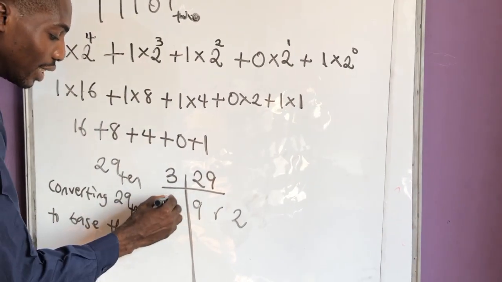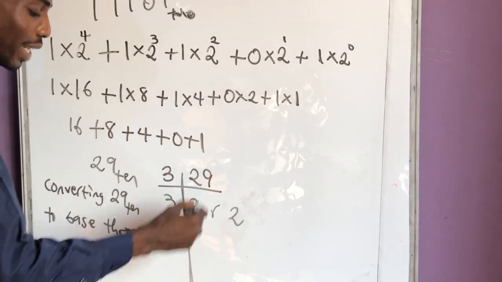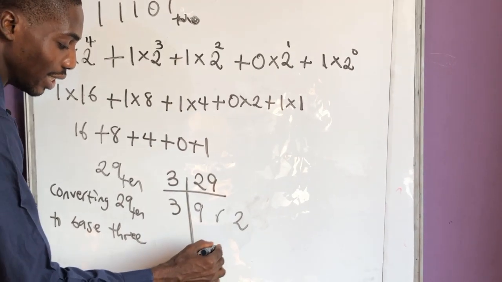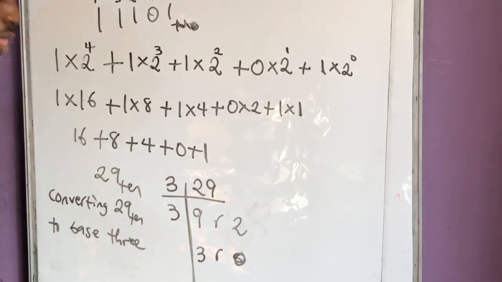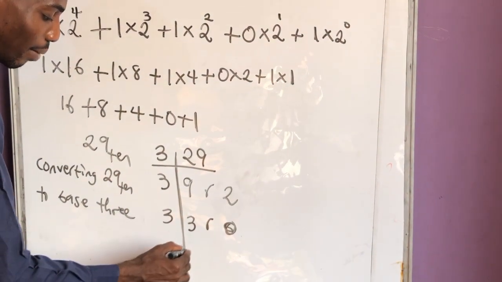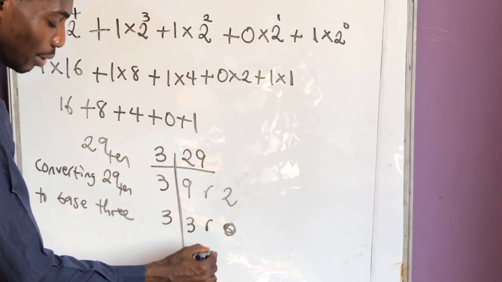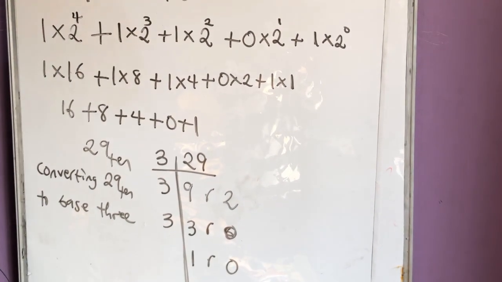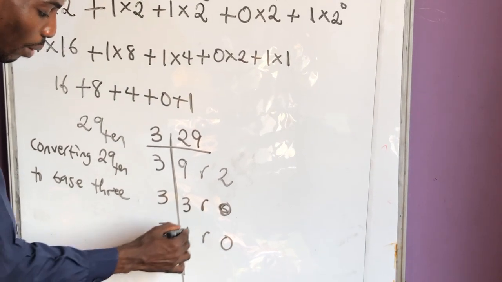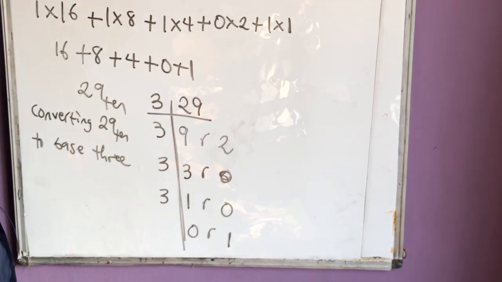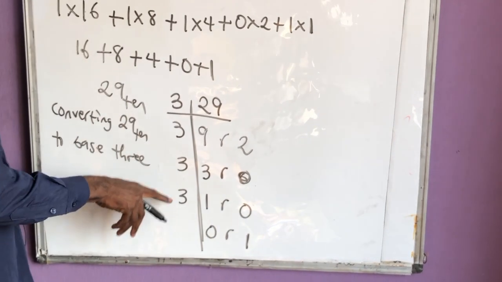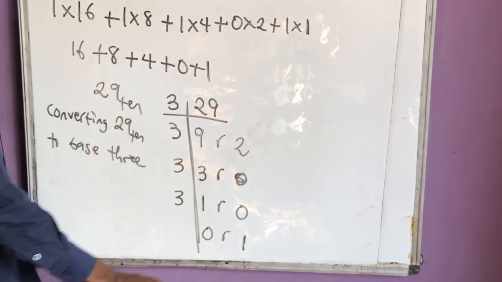Then I have 3 again. 3 divided by 9 is going to give me 3 remainder 0. Then I will use 3 again. 3 divided by 3 will give me 1 remainder 0. Then 3 divided by 1 is going to give me 0 remainder 1. So it is when you get to a 0 here that you are going to stop.